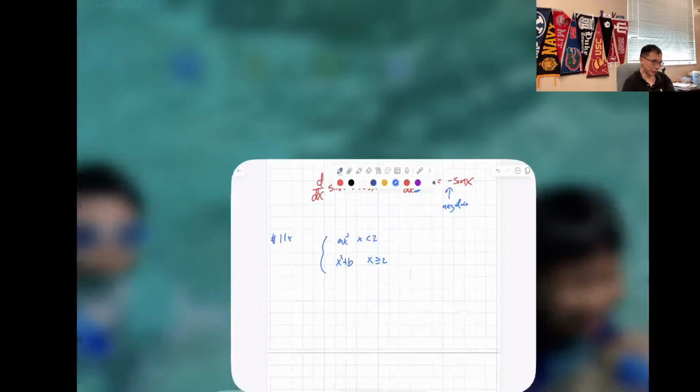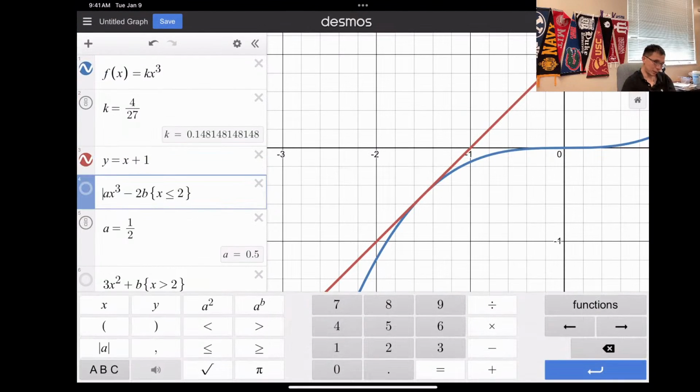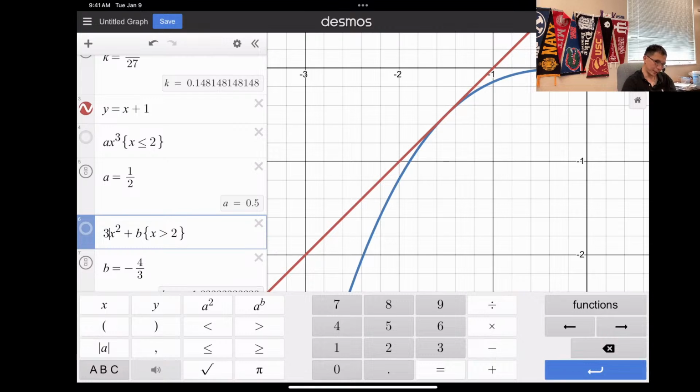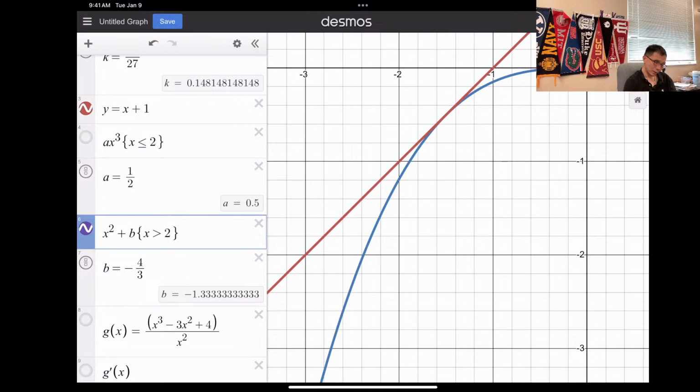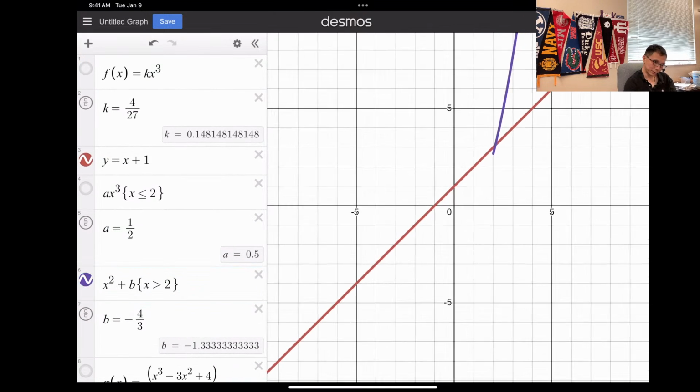Well, visually, this is what happened. This one is going to be ax to the 3, right? And then x squared plus b, right? So I'm going to graph both. So I'm going to get rid of this graph. And I'm going to do this.